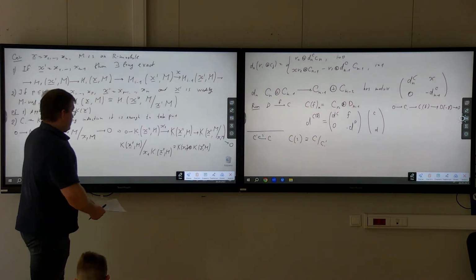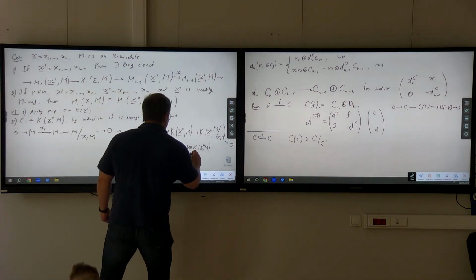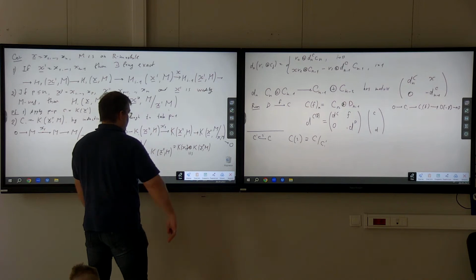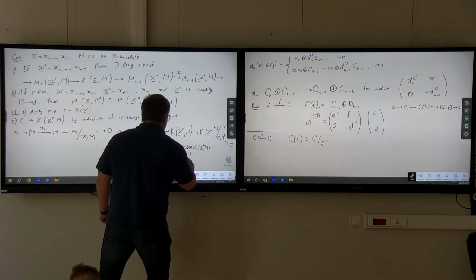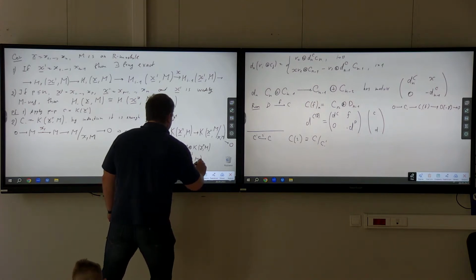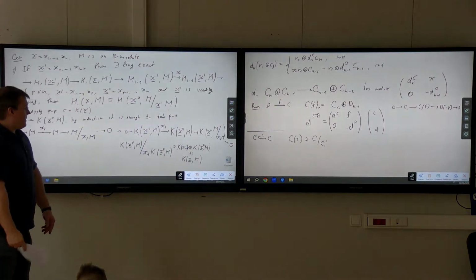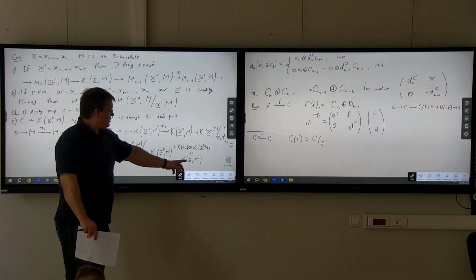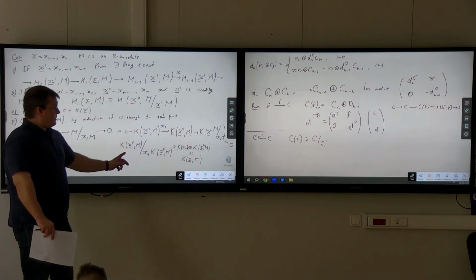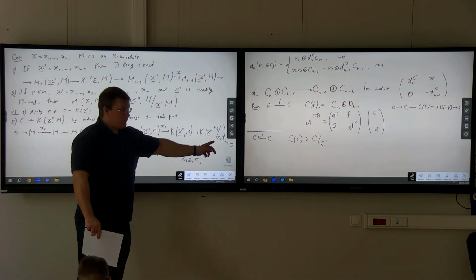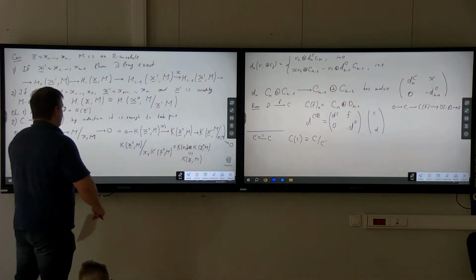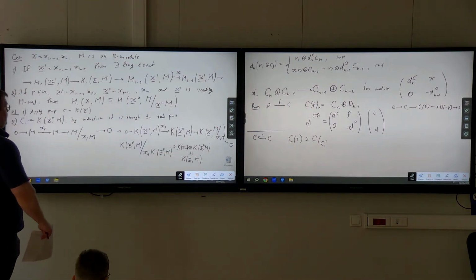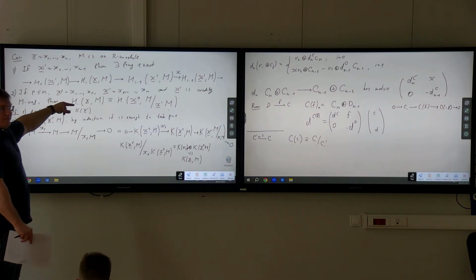But this, by the property of the tensor product of Koszul complexes, we can identify with the Koszul complex for just x. So we see that the Koszul complex for the sequence x is quasi-isomorphic to this quotient, which we already identified with this complex. And this gives us precisely this isomorphism.